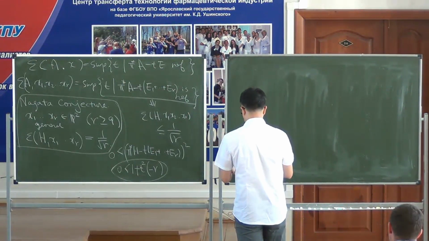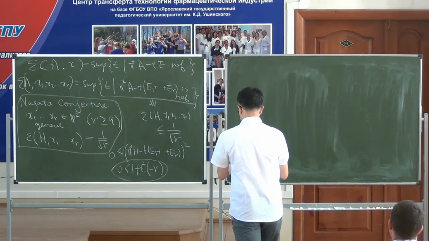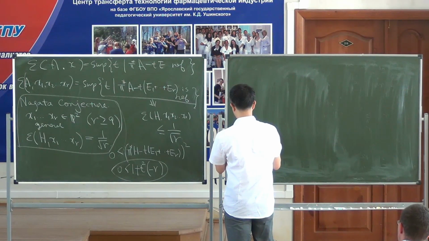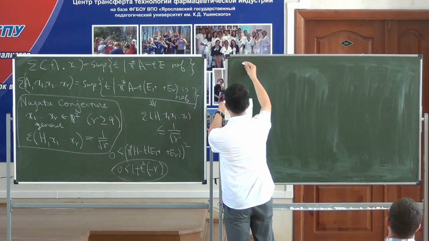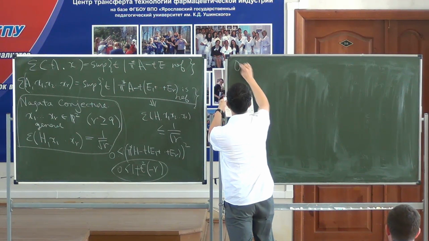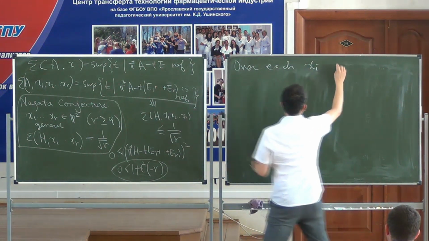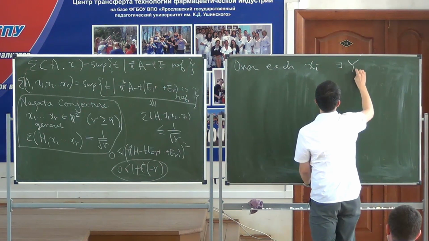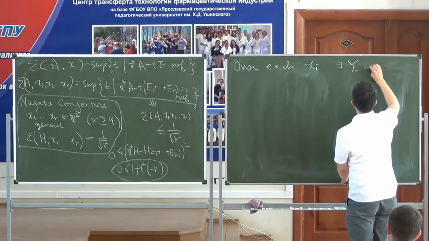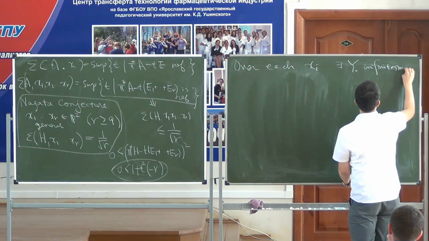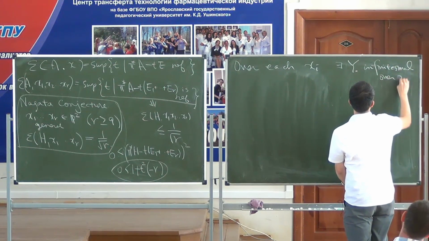So I just explain this briefly, so you can look up in the archive. So over each xi, there is infinitesimal flags.